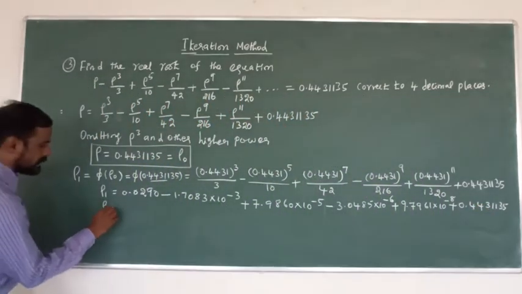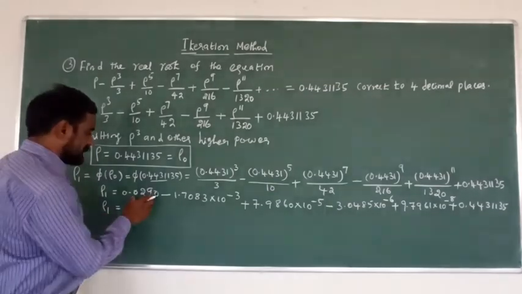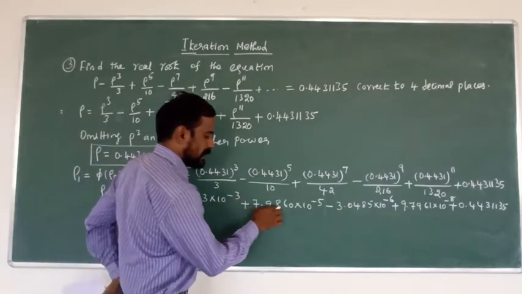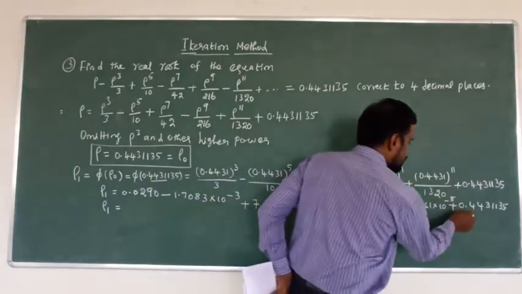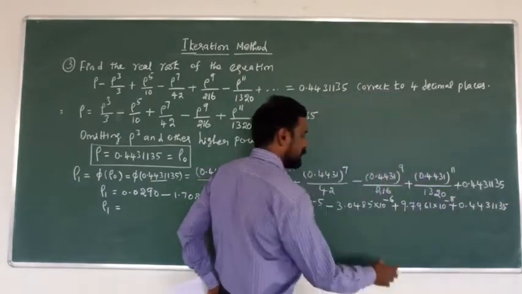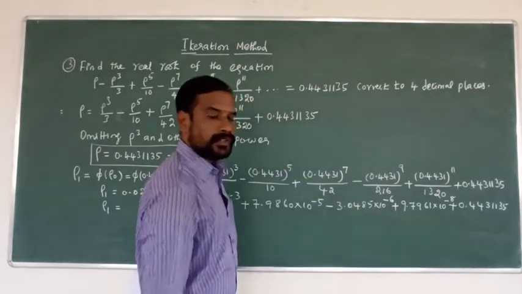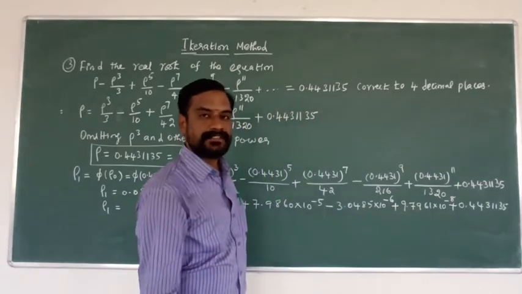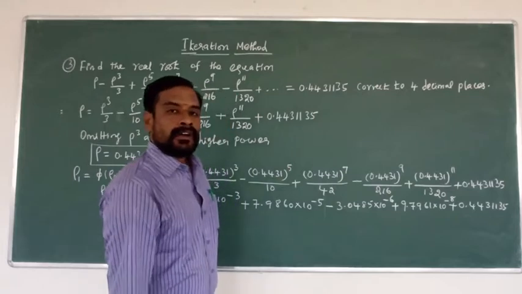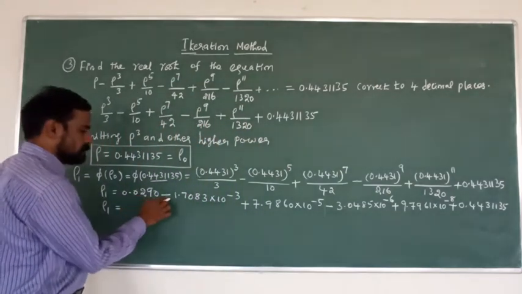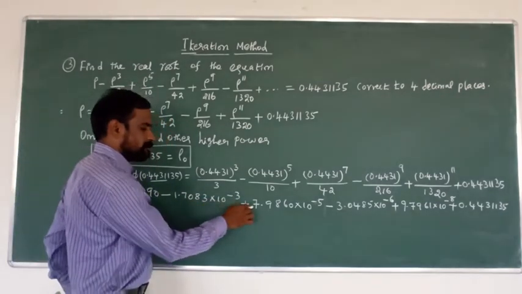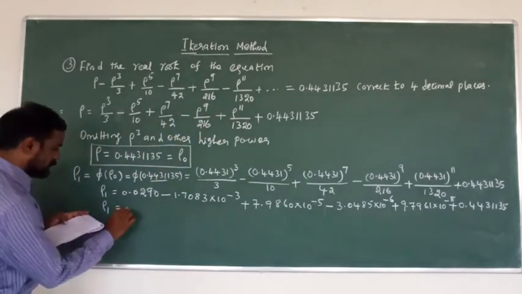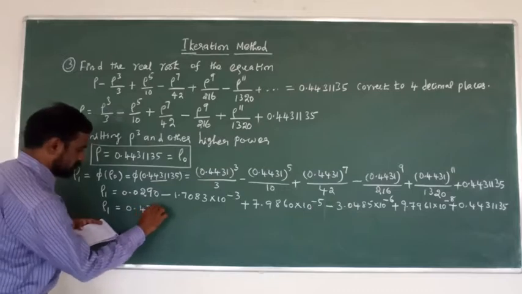Now rho 1 equal to: add 0.0290 minus 1.7083 into 10 to the power of minus 3 plus 7.9860 into 10 to the power of minus 5 plus 0.443135. We can omit the last two terms, because for 4 decimal places they fall at the 5th and 7th decimal places, which are 0, so no use. We add these values, and finally we get the result 0.4704.